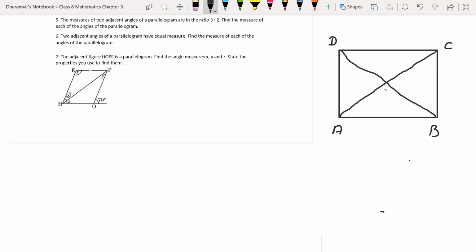This is the point of intersection. Let's name it O.